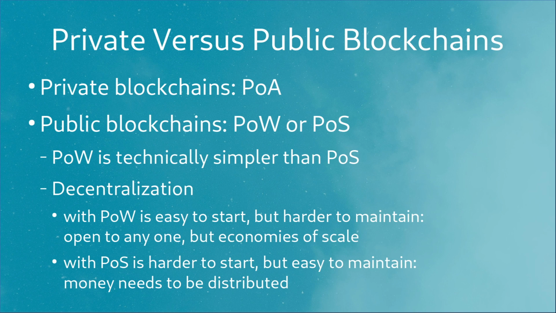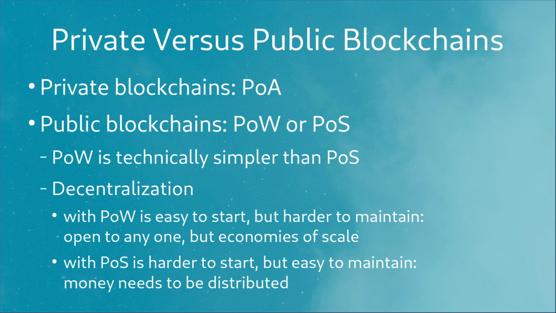If you want to use a public blockchain where everyone can join, and you want to make sure that it is not controlled, you need to use a consensus mechanism that is either proof of work or proof of stake.